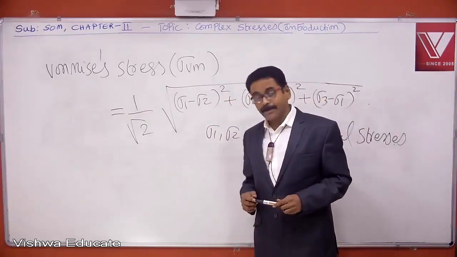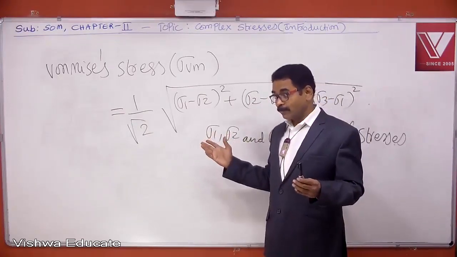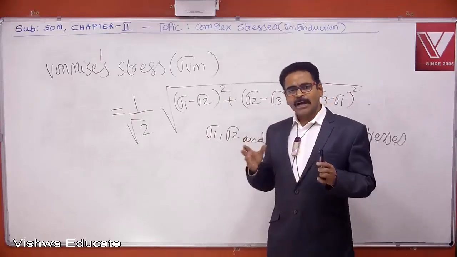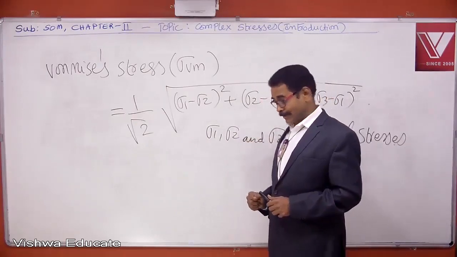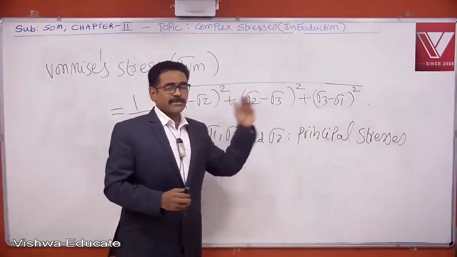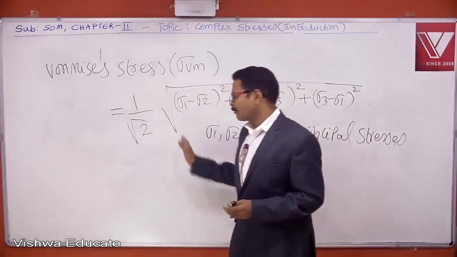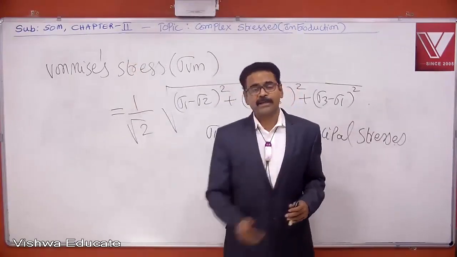But surprisingly, for a few popular ductile materials, the actual failure stress matches with the von Mises stress. Almost they are equal. If my von Mises stress is giving actual failure stress, why do I have to conduct so many tests?